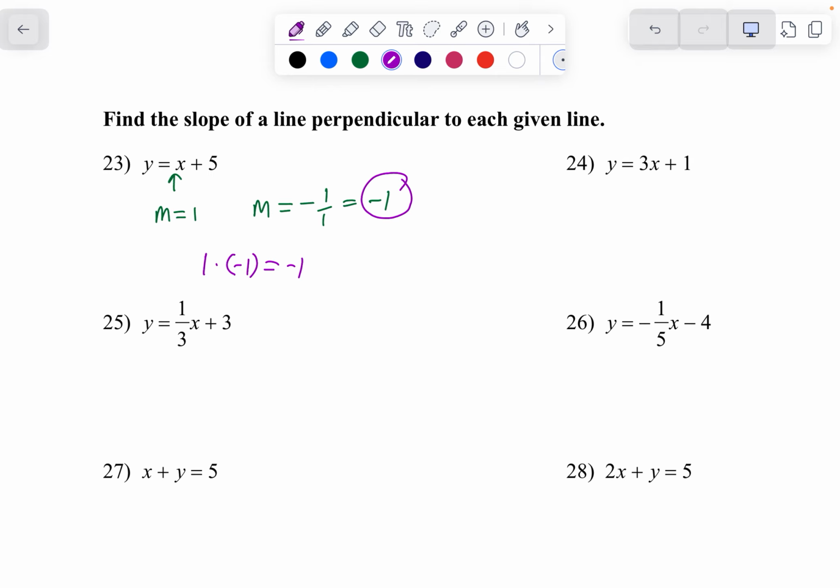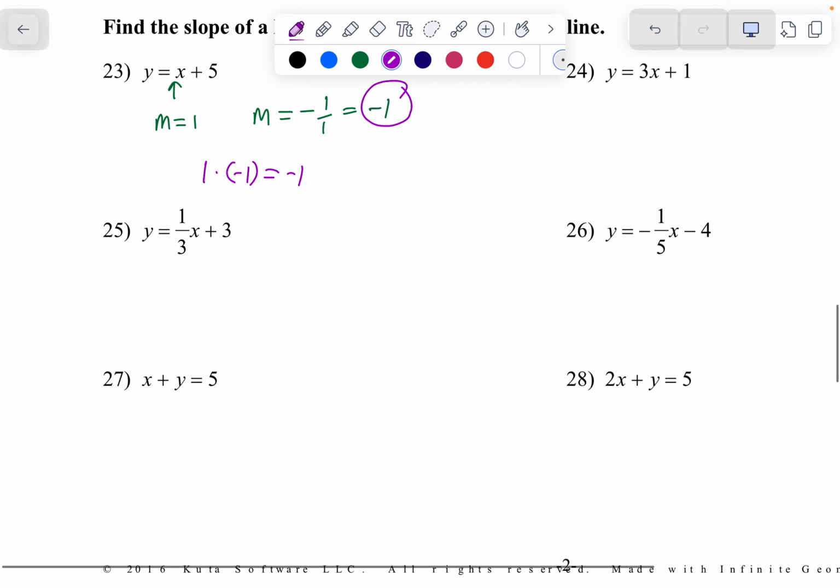Now, let's do 27, and then you'll have the rest of class to work on this. Look at 27. The way that it initially is looking, it's not in slope-intercept form. So let's take that x and scooch it to the other side. So it would become a -x on the other side. So we would have y equals -x plus 5.